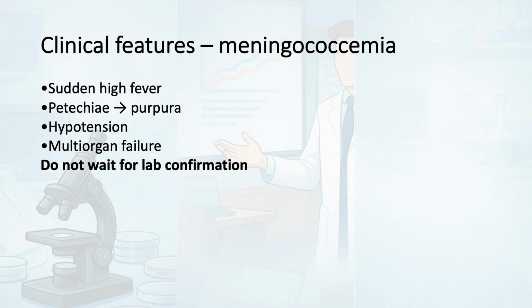Why is it that important to take action immediately? Because undiagnosed on time meningitis in over 80% of cases leads to death. This is what you should keep in mind.